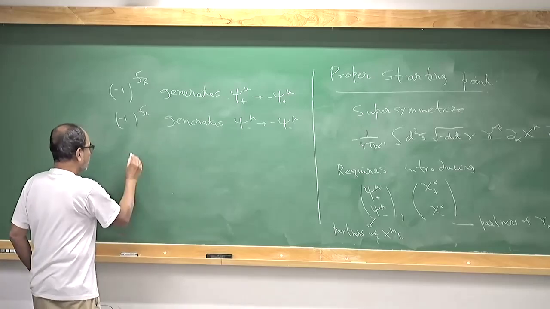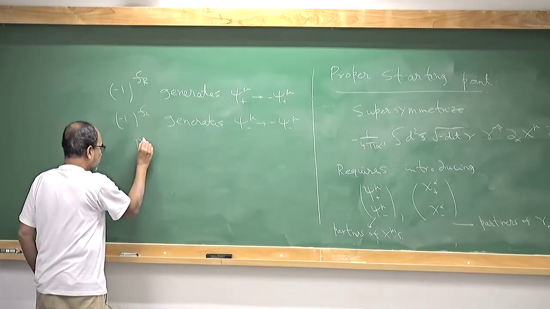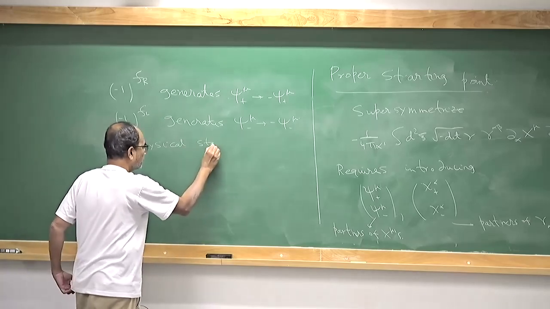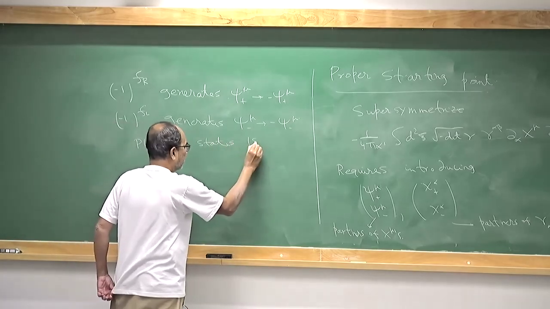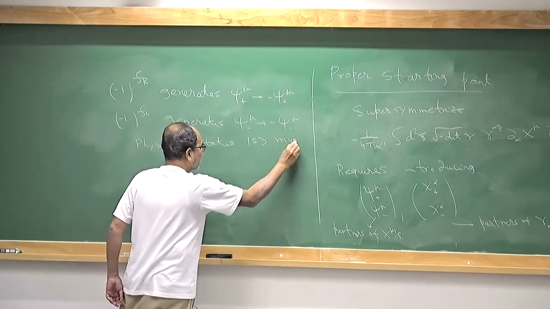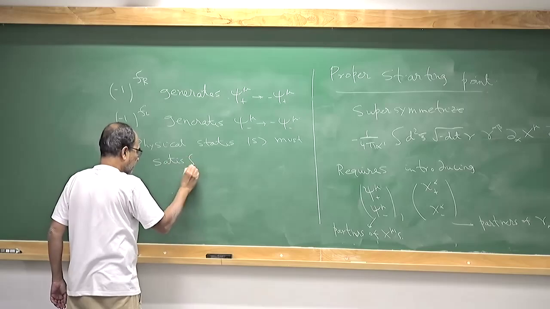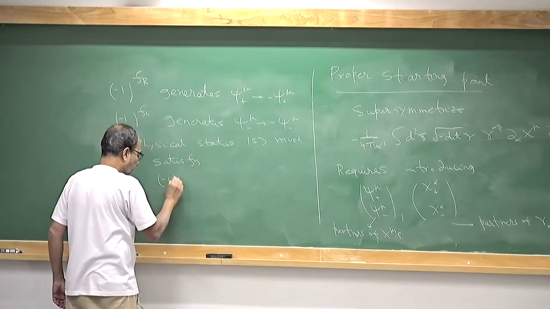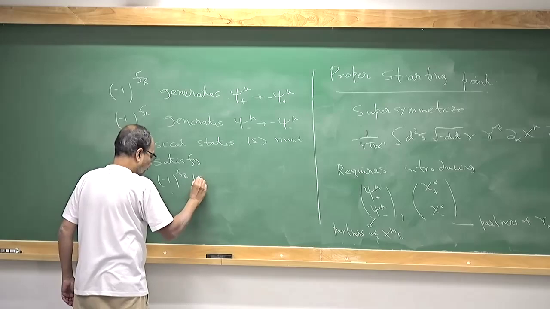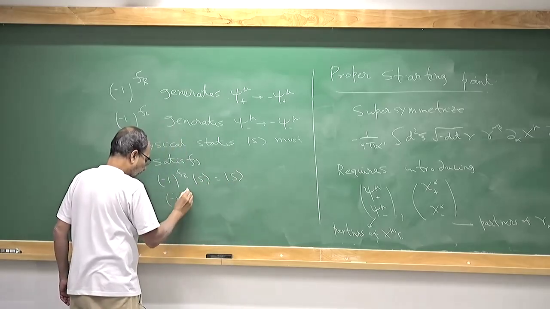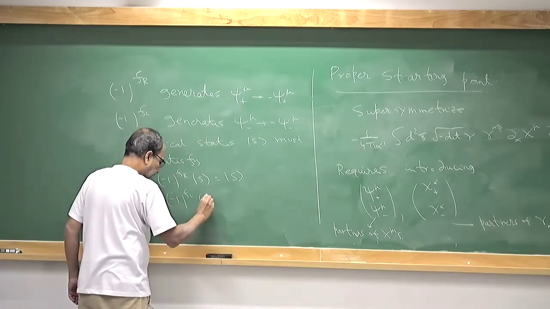So the physical states S must satisfy (-1)^F_R on S equal to S and (-1)^F_L on S equal to S.